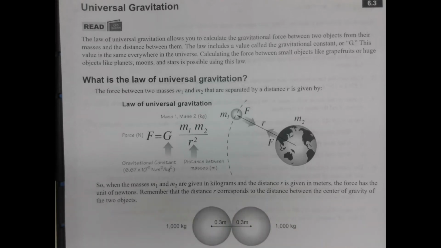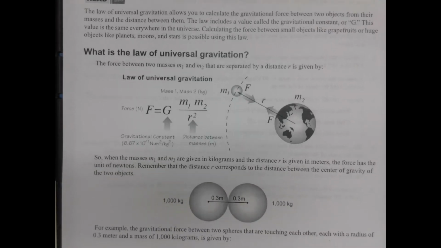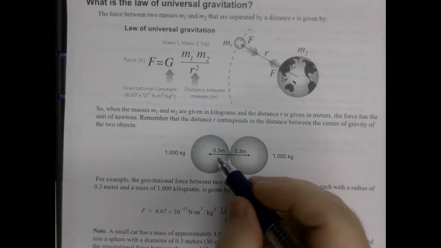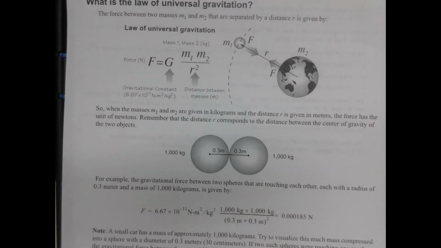But as long as your mass is in kilograms, your radius is in meters, your force is going to be in newtons. So all you really need to know is distance is in meters, masses are going to be in kilograms, forces are going to be in newtons. And we calculate between the center of one object to the center of the other object. And this is to tell you how much gravity pulls two objects together.